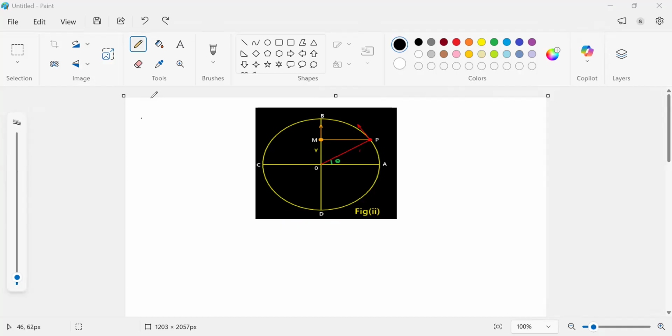Okay, now let's try to find out the mathematical expression for displacement, velocity and the acceleration of an object executing simple harmonic motion.